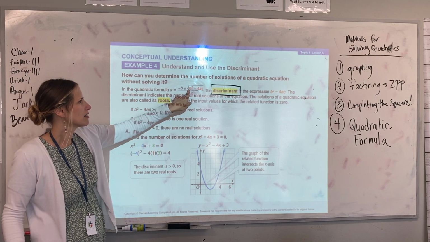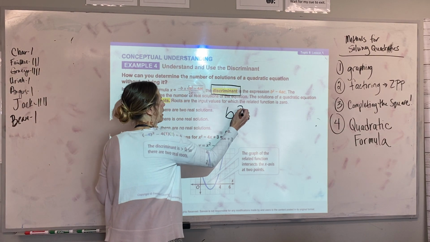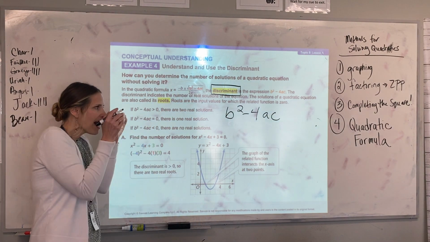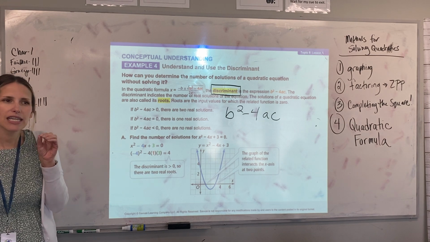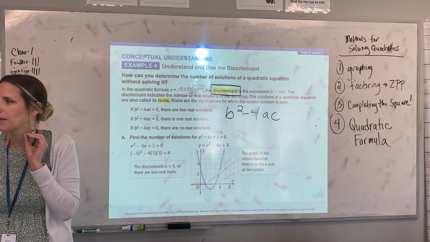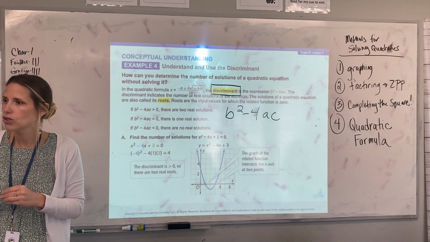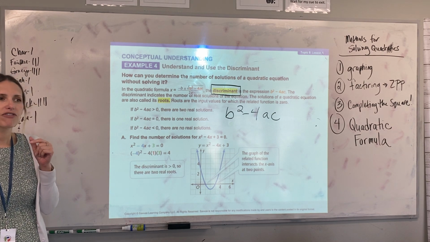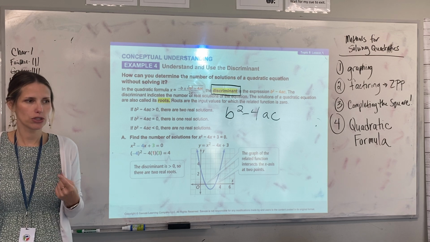But this portion that's in red, this b squared minus 4ac, that portion of the formula gives us very special information about the solution to the quadratic equation. It tells us how many solutions it has.